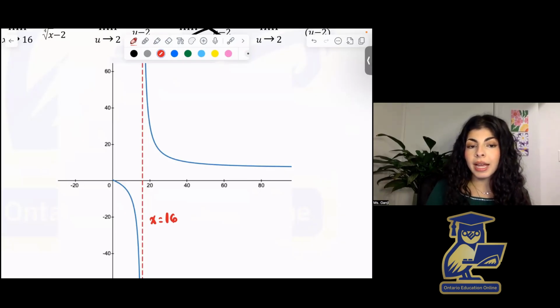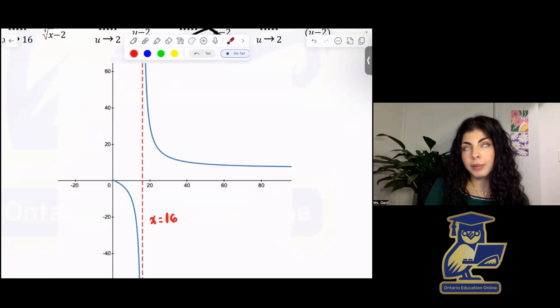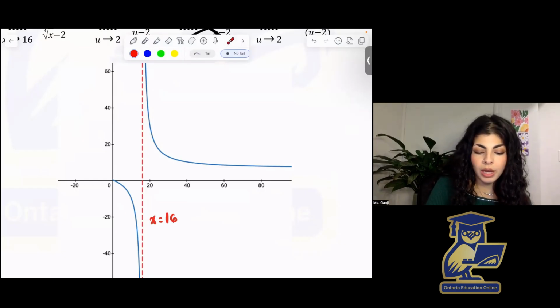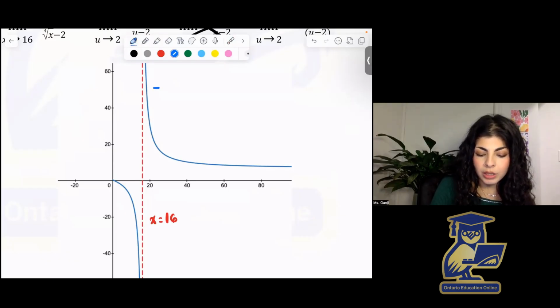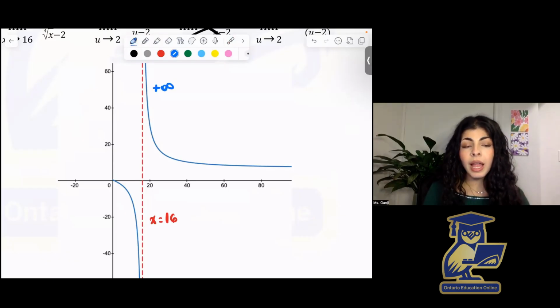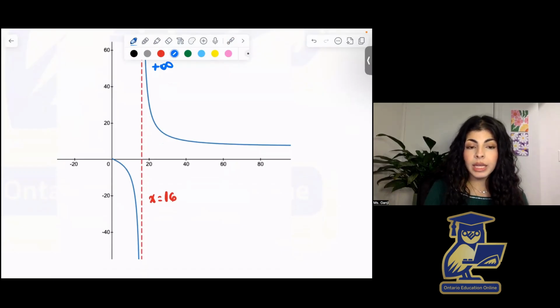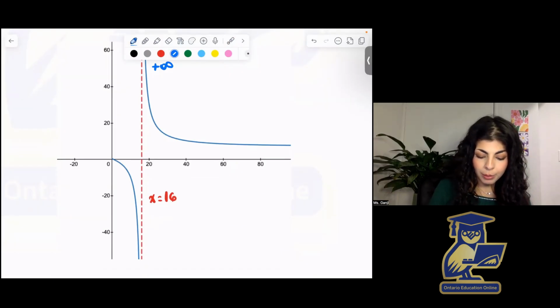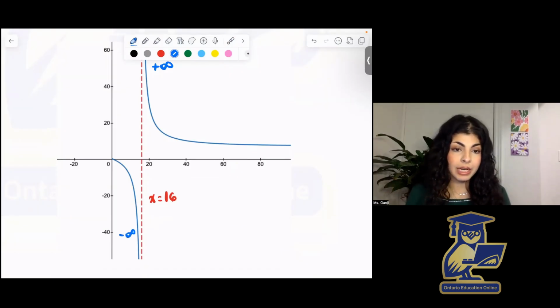So here we have an asymptote. So you see that from the right-hand side, we're going infinitely up, so we're going towards positive infinity. And from the left-hand side, we keep decreasing and we're actually approaching negative infinity.